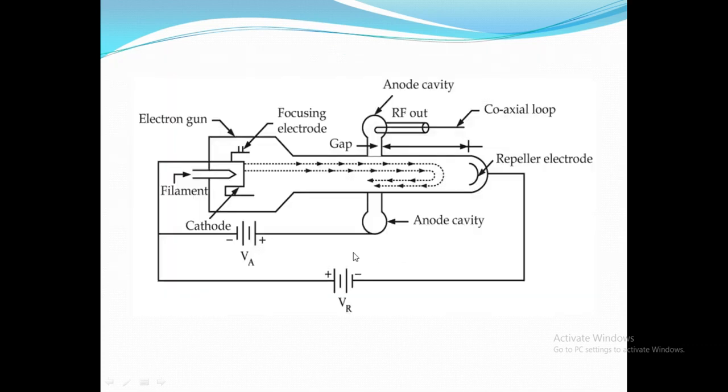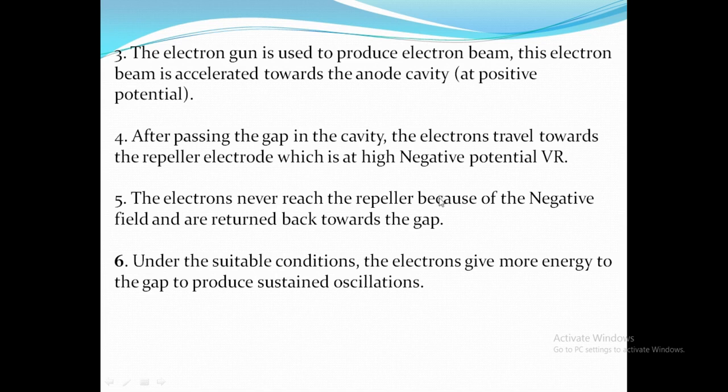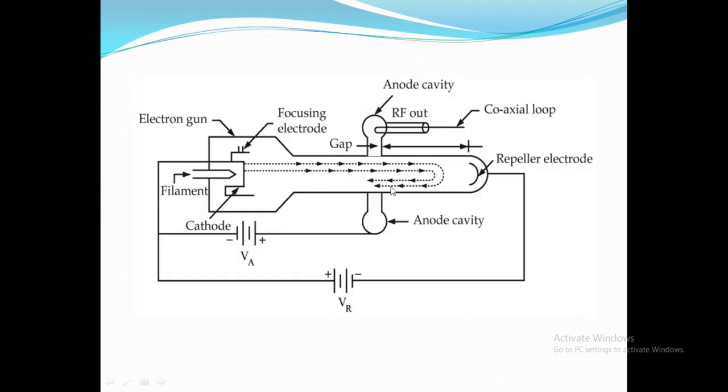Here the electron gun is used to produce the electrons. This electron beam is accelerated towards the anode cavity, which is at a positive potential.